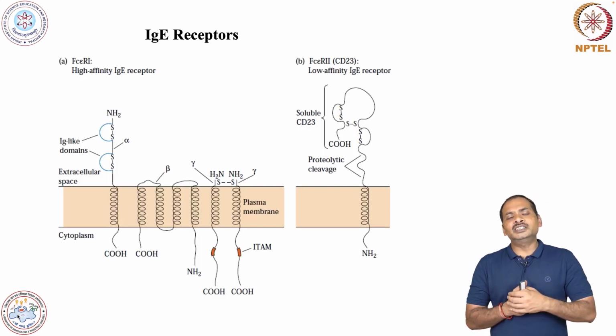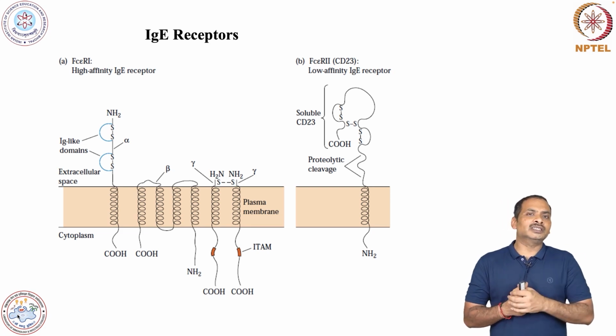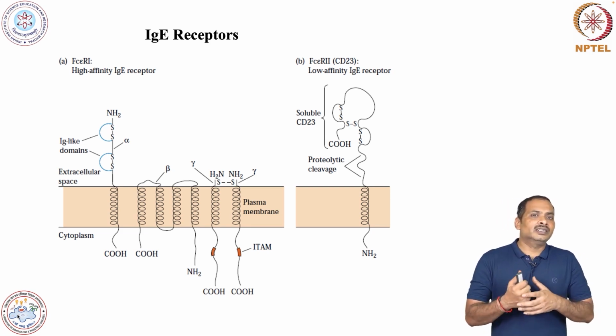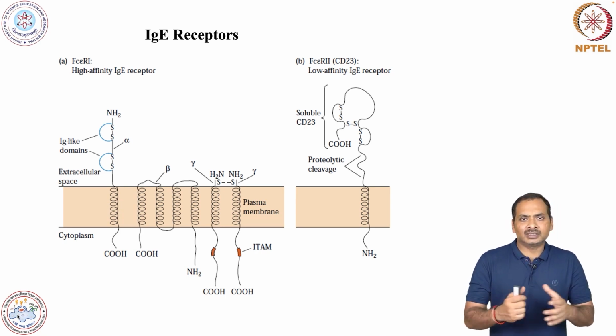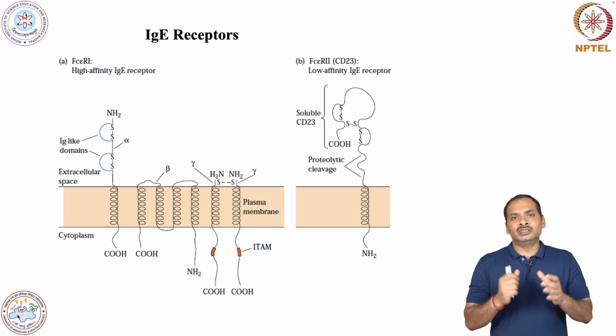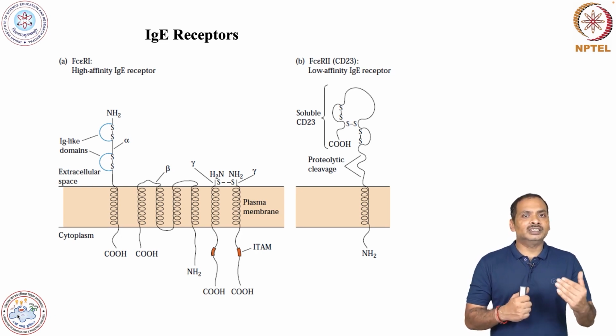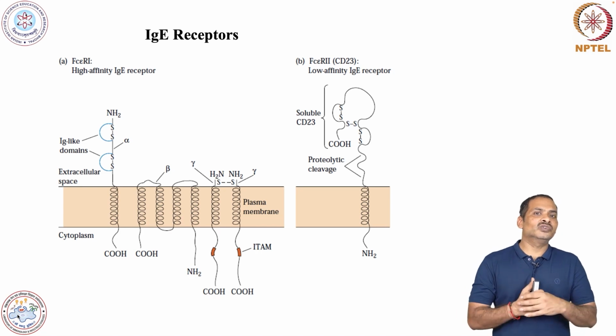So when the IgE comes, IgE is an antibody which is generated against an antigen. We will not discuss how the IgE is coming. Right now you can understand there is an antibody known as IgE generated against some weak antigen.